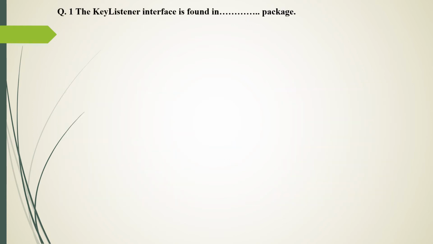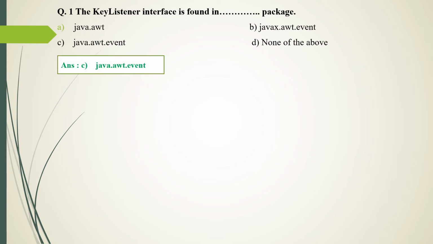Next, we have some MCQ questions. The first question is, the KeyListener interface is found in which package? Options are: first, java.awt; second, javax.awt.event; third, java.awt.event; and last, none of the above. The answer is java.awt.event.